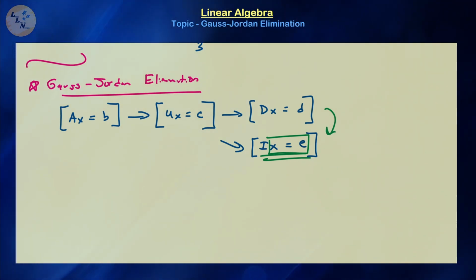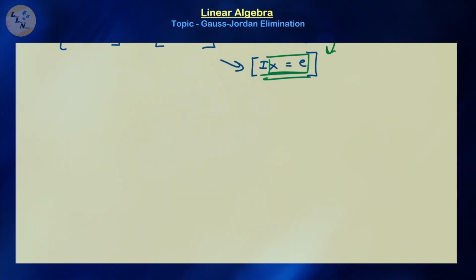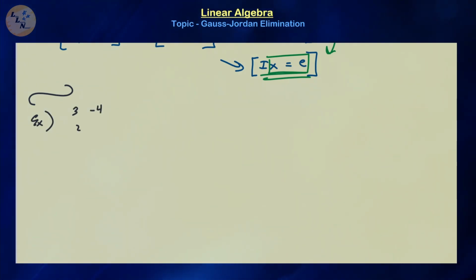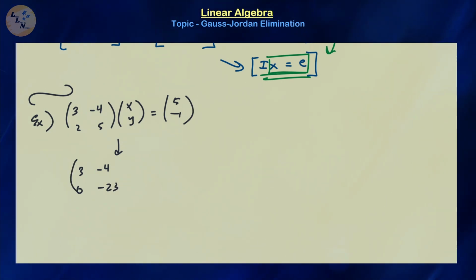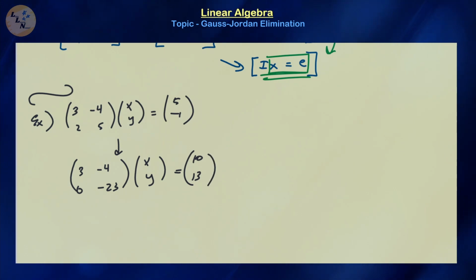So let's look at a particular example of how we can perform Gauss-Jordan elimination, and let's use the same exact matrix example that we had before. Remember that we started with the system [3, -4; 2, 5] times (x, y) is equal to (5, -1), and via Gaussian elimination this converted into [3, -4; 0, -23] times (x, y) is equal to (5, 13).